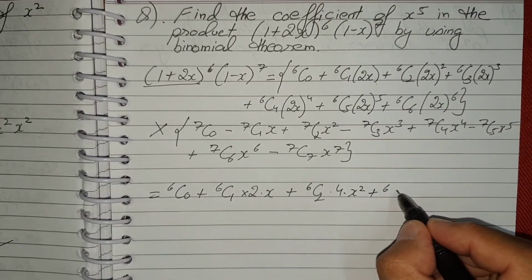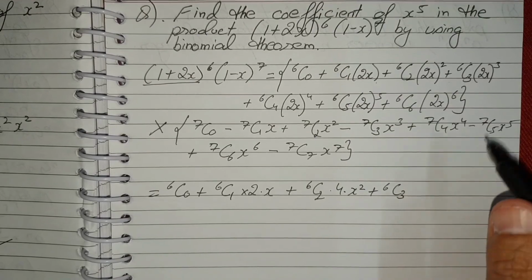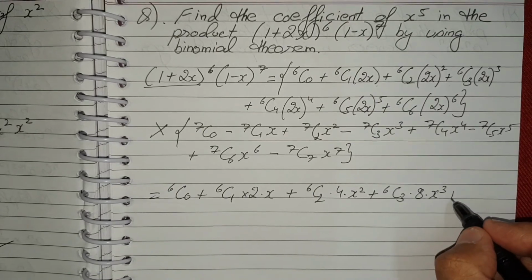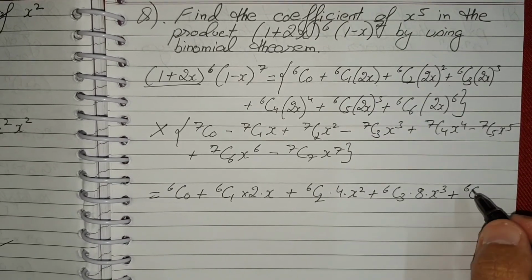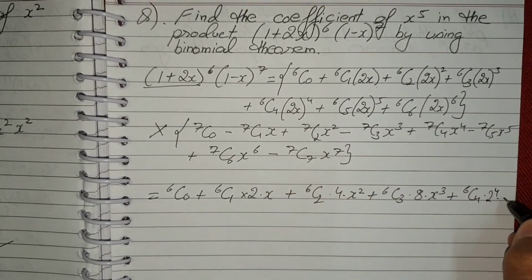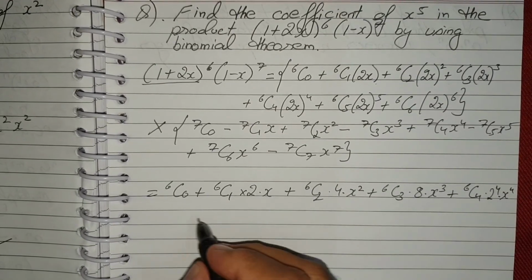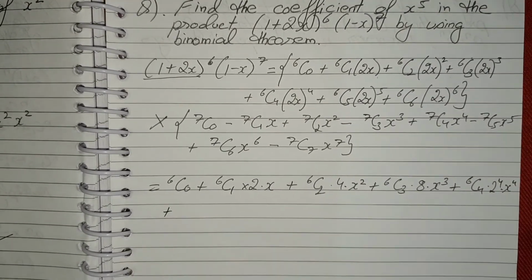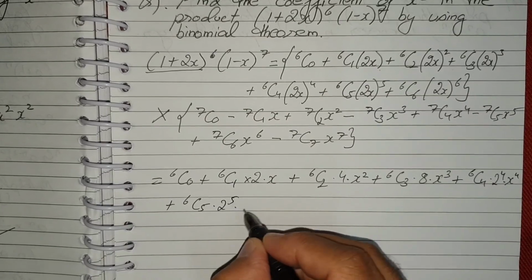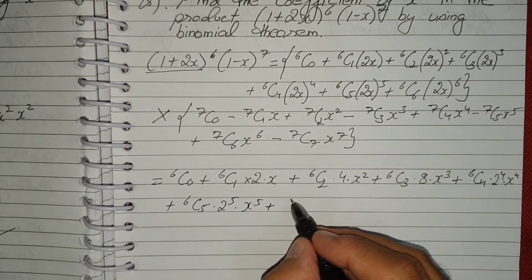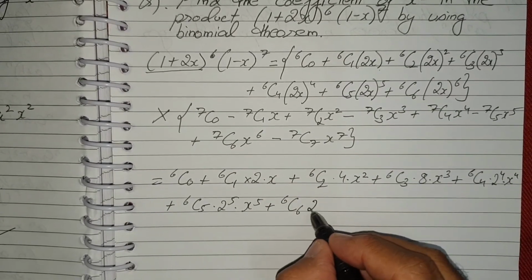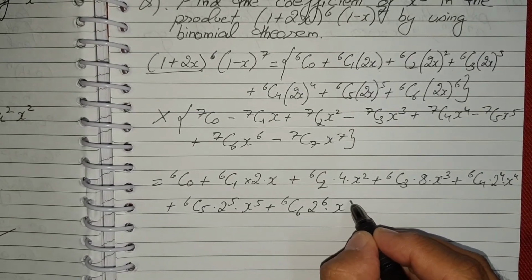Now plus 6C3, this is 8 x cube, plus 6C4, this is 2 to the power 4 x to the power 4, plus 6C5, this is into 2 to the power 5 into x to the power 5, plus 6C6 2 to the power 6 into x to the power 6.